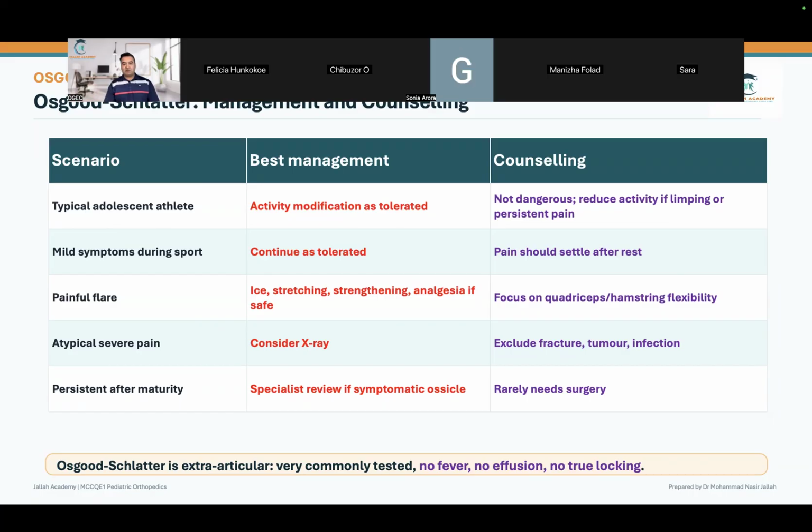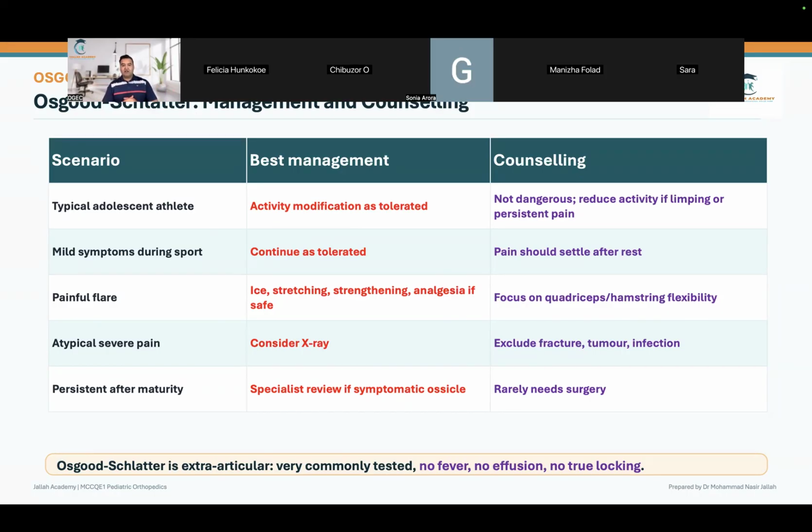Mild symptoms during sports: continue as tolerated. If it is very mild, he can still go and play as tolerated. Pain should settle after rest. That is another clue. And for painful flares, ice; these are the things that you need to do in counseling. So the patient might ask, okay, what happens if the pain flares? What should I do?